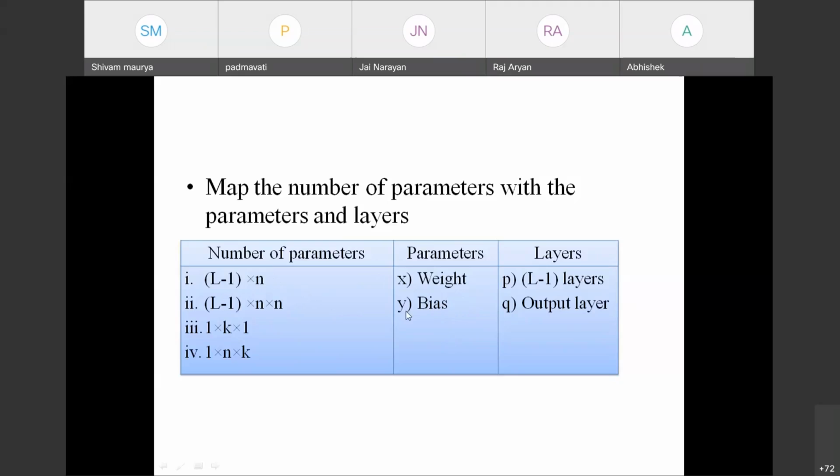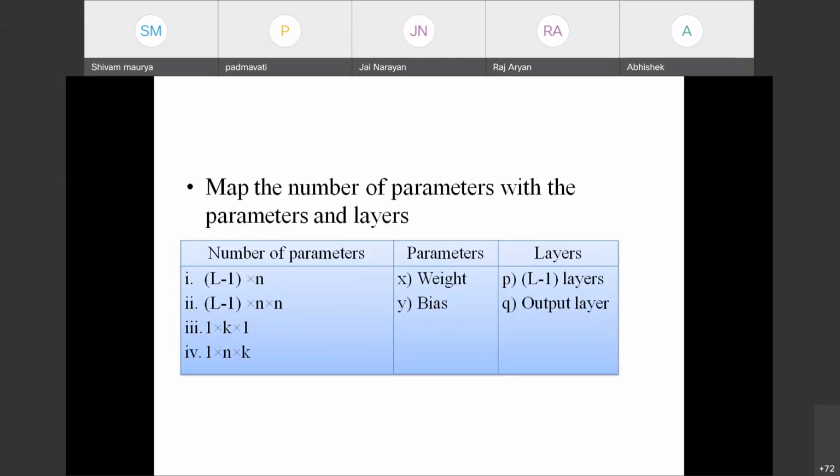It should definitely be mapped with bias. Can anyone tell why it should be mapped with bias? For the purpose of addition, they should have the same order.